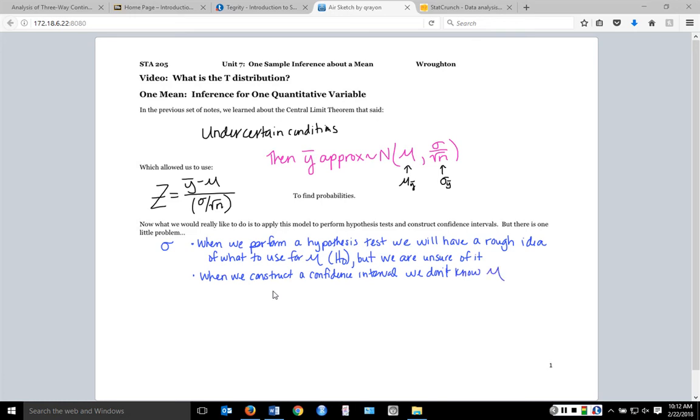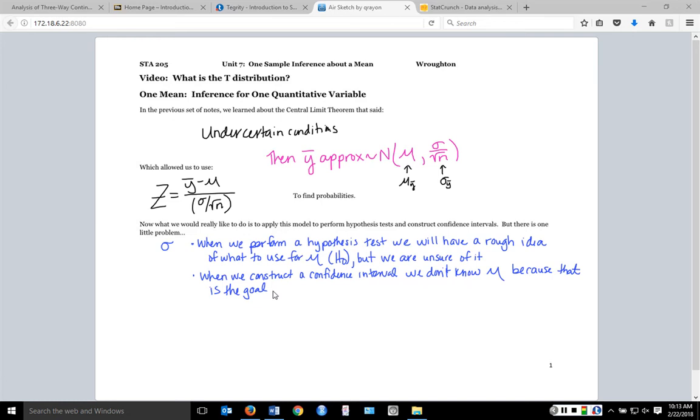Why don't we know mu? Because that's actually our goal of what we're trying to find. The whole reason we do a confidence interval is to estimate some number, so mu is going to be what we're trying to estimate.